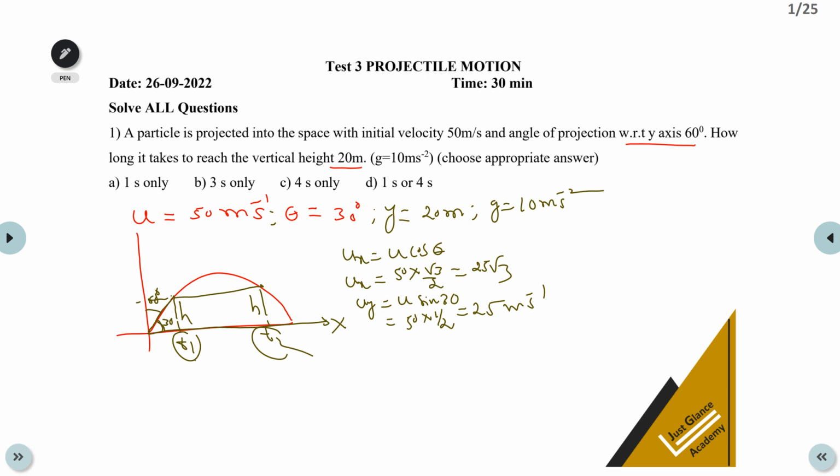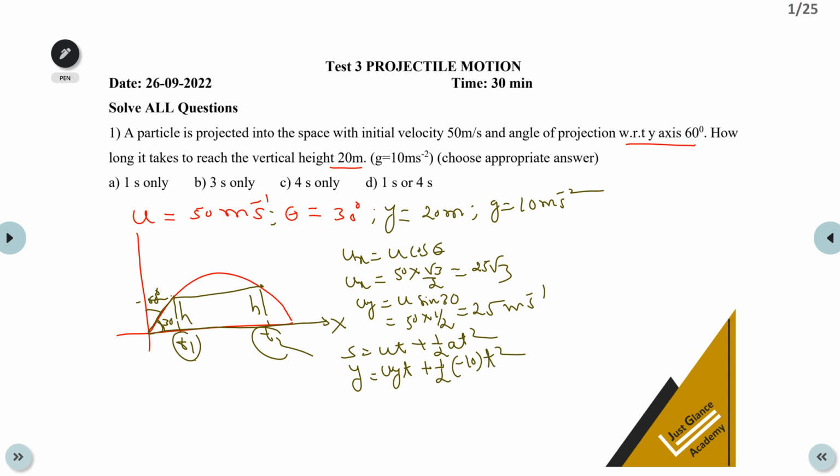I want to find the vertical height, so I am using the equation s equals ut plus half at squared. That is y equals uy t plus 1 by 2 into minus 10 into t squared.